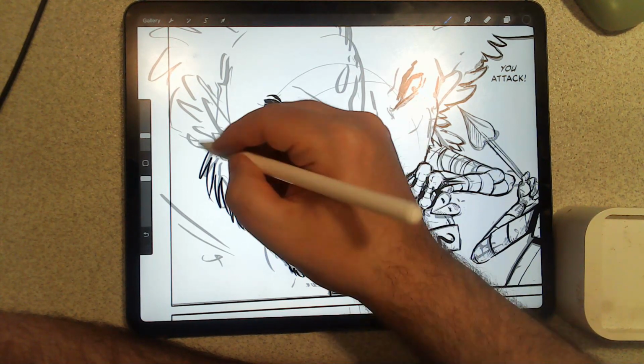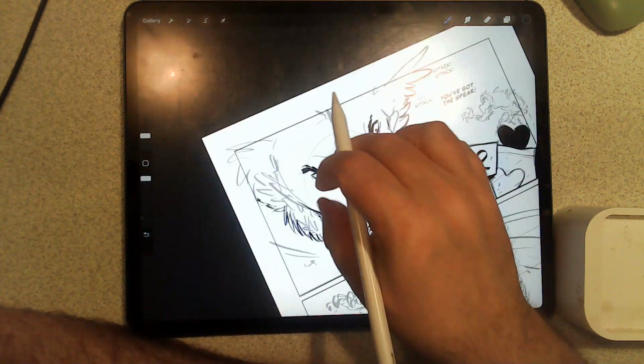There's the chicken wing. The drumstick.